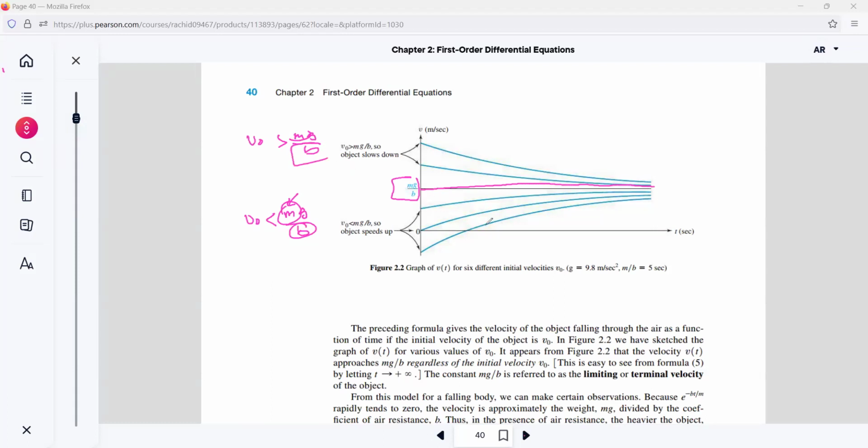So what we know is, if we do experiments, it's going to match this profile, and this mg over b is called the limiting or terminal velocity. All right, I think I'll stop here. This is just the idea of how to dissect a section. Thank you.